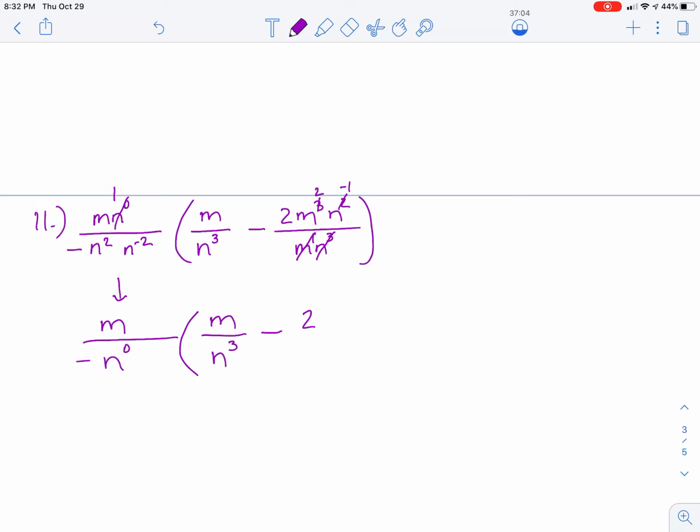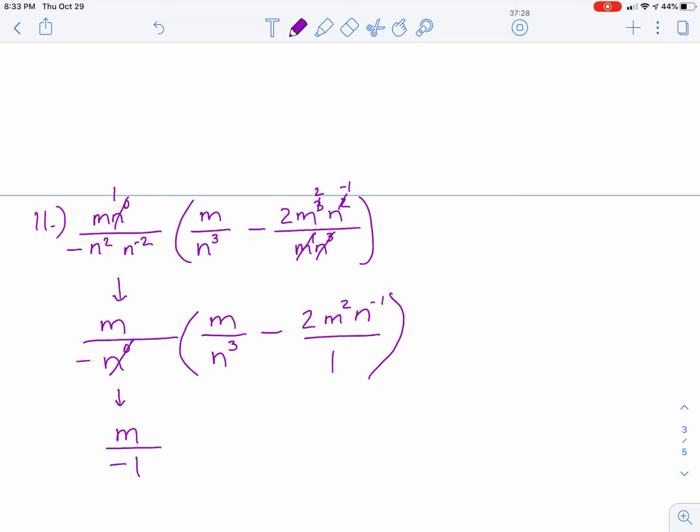Okay, so let's rewrite this thing down below. So I have 2m to the second power times n to the -first power. And that's what I have. And I'm going to go ahead and put that over 1, just so I have something down there. Okay, so now let's look here. I have m over negative. That becomes a 1. Anything to the 0 power becomes a 1.